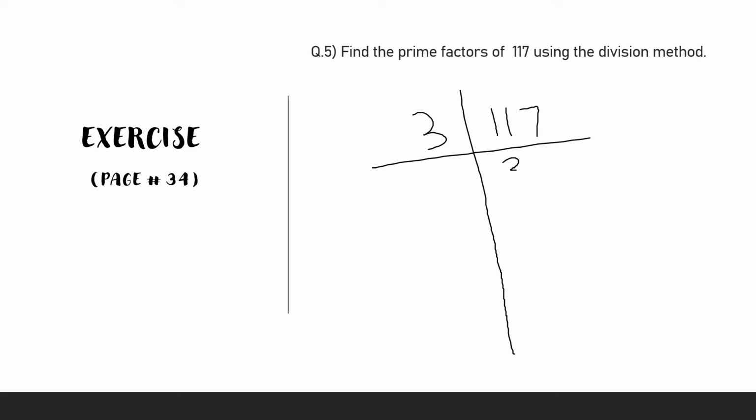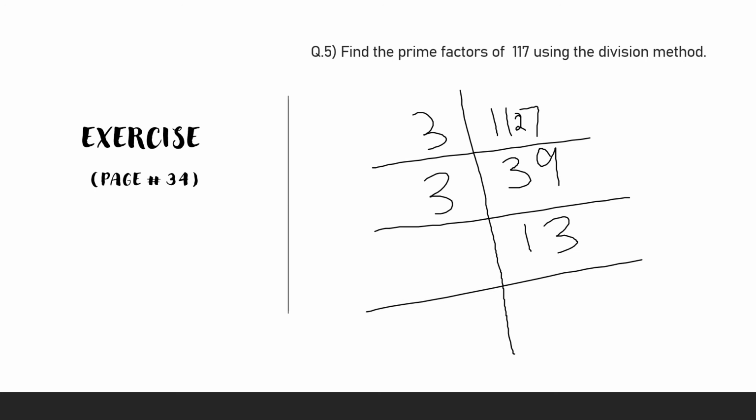3 threes are 9 and 2 goes here, which is the carry. It will be 27, and we know that 3 nines are 27. So again we can do it with 3. 3 ones are 3, 3 threes are 9.